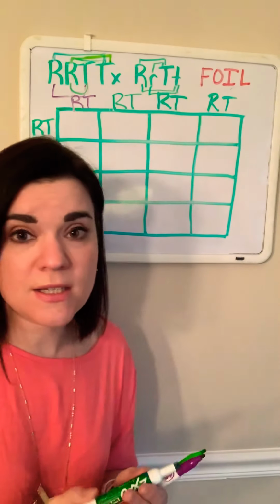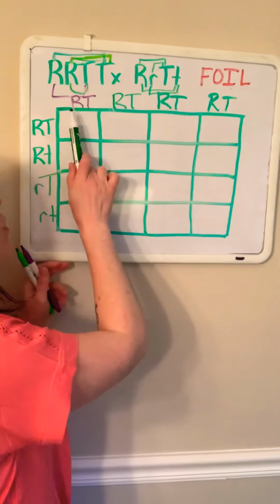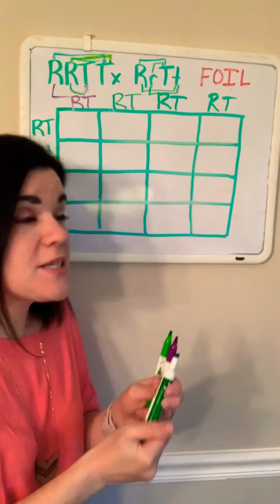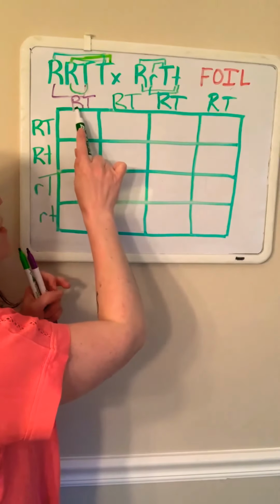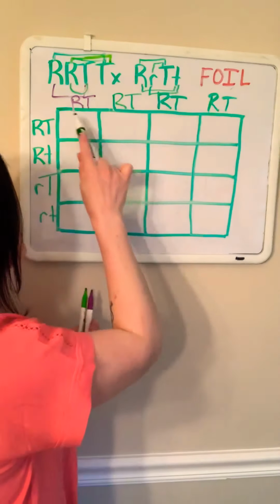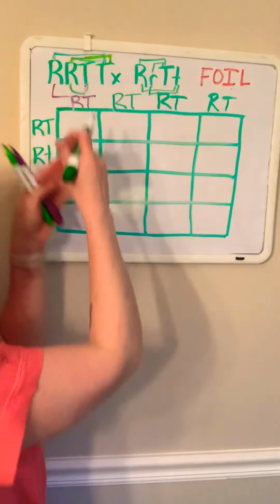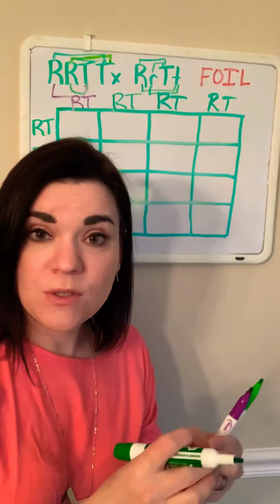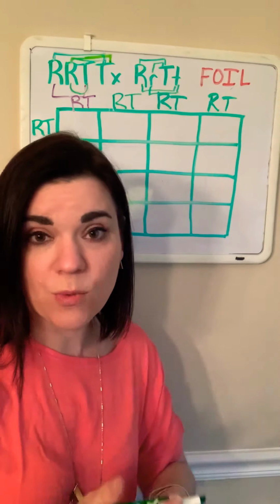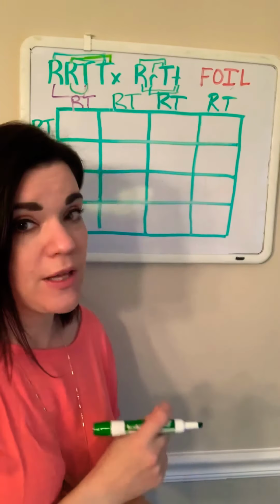Be consistent also about which trait you put first. In this problem, I put the plant color first and then the plant height. So definitely be consistent about that. And when you're bringing these alleles down to find the offspring, you also want to be consistent about putting the capital letter first.